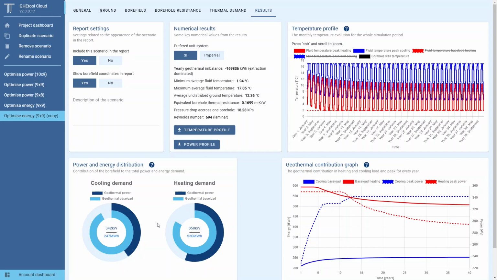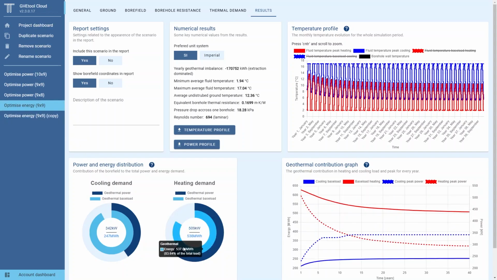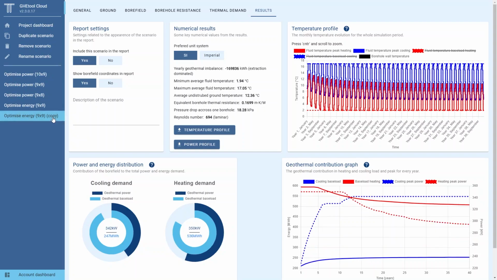But if we look at it from an energy perspective, we have now 83.4%, whereas before we had 83.6%. So by removing 150 kilowatts of installed geothermal heating, we have nearly lost anything.